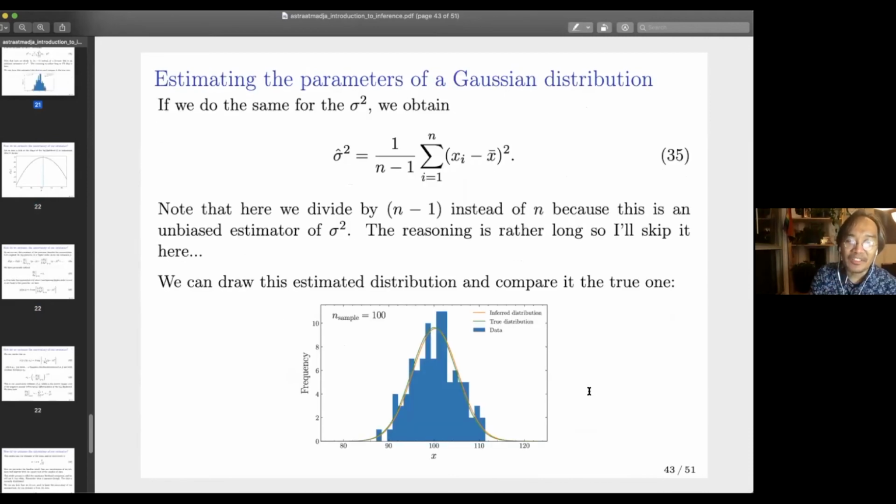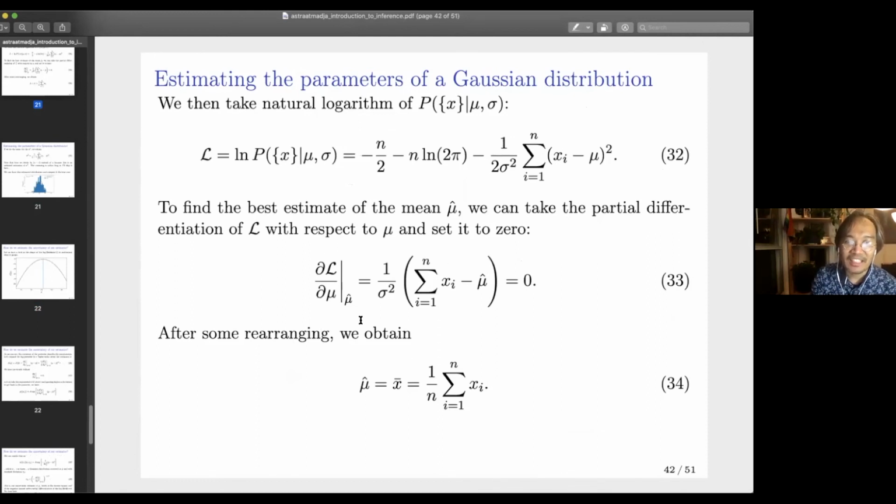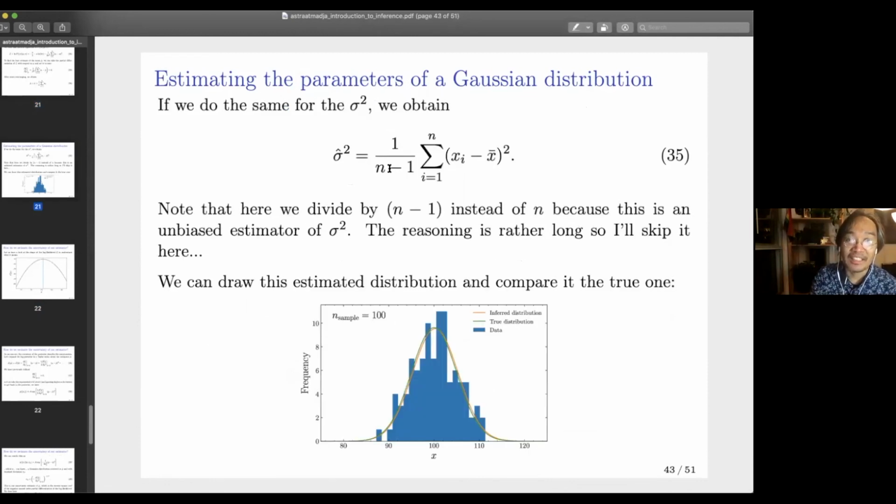If we start from here, and then we do partial differentiation with respect to the variance, and we work it out, we get 1 over n here. Now here, this is actually the true mean. So that's why we divide by n. But the problem is we don't know the true mean, right? So if we derive the expectation value of the variance from the sample, we come to a different result, which is dividing by n-1.